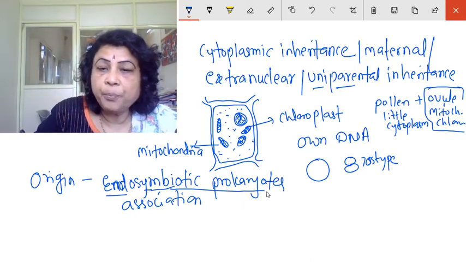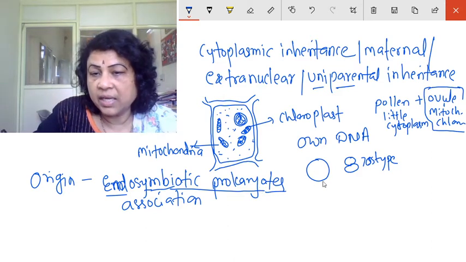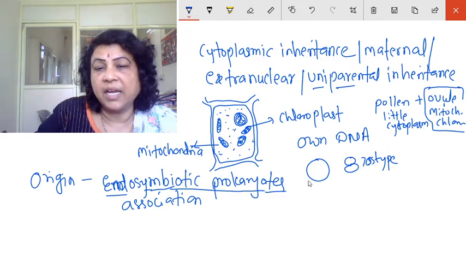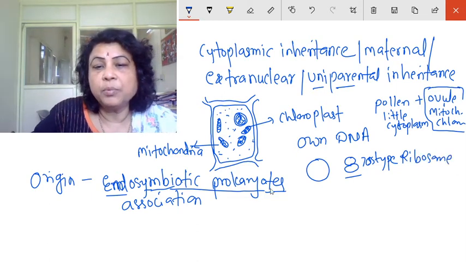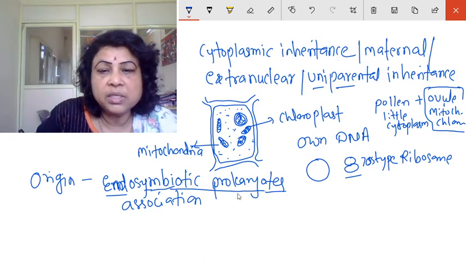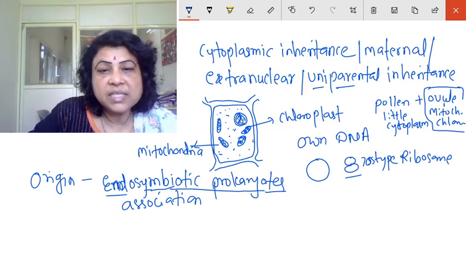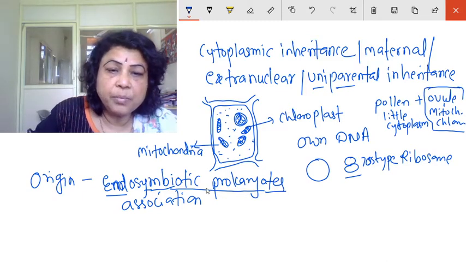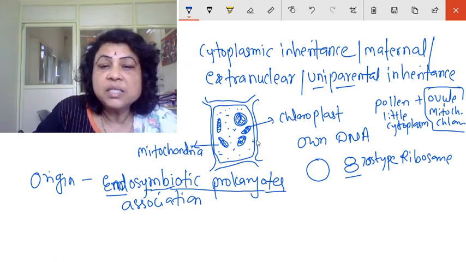They are prokaryotes because they have their own DNA, which is circular and naked, and they have 70S ribosomes. These are the characters of prokaryotes. So mitochondria and chloroplast show the characters of prokaryotes, and they live inside the cell as symbionts, therefore they are considered endosymbionts.